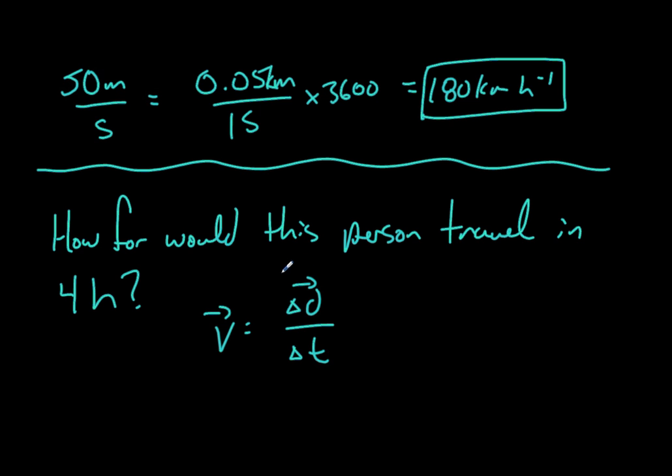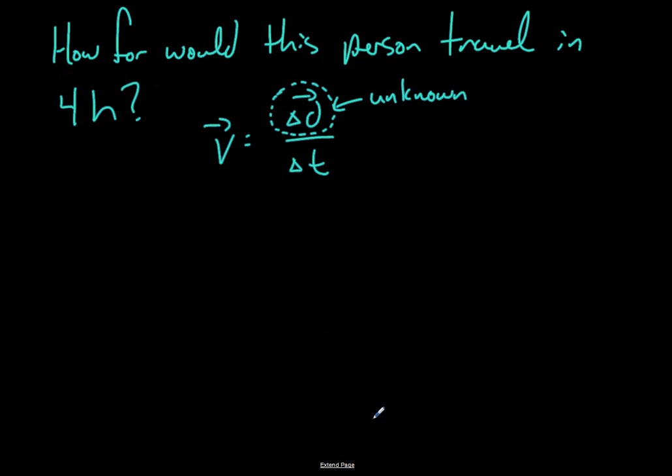Now we're interested in how far the person's going to go, or what their change in displacement is going to be. So we need to isolate for what we're interested in. This is our unknown. So we're going to have to do some algebra to get our unknown on its own. Okay, so I'm just going to really quickly write this without the deltas in place.